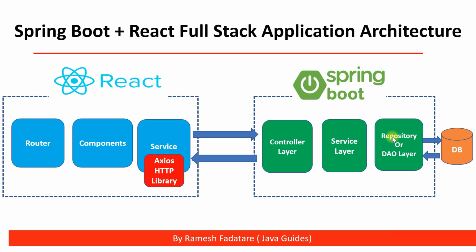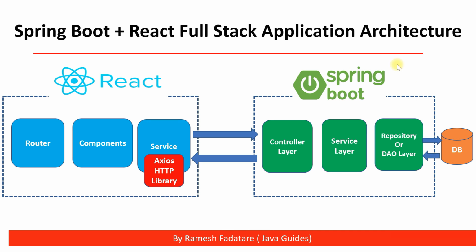The repository or DAO layer is responsible for talking with the database. So this is the pretty simple architecture at the backend with Spring Boot. This is the typical architecture we use in Spring Boot applications.